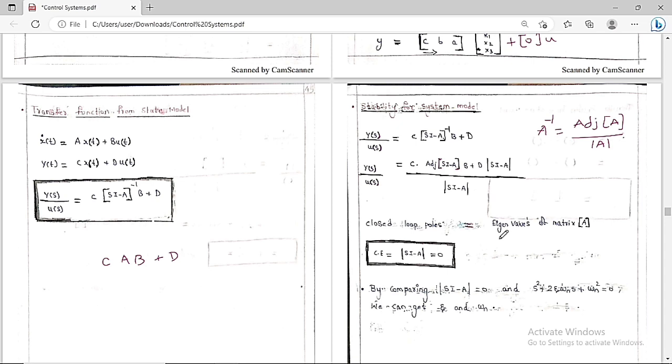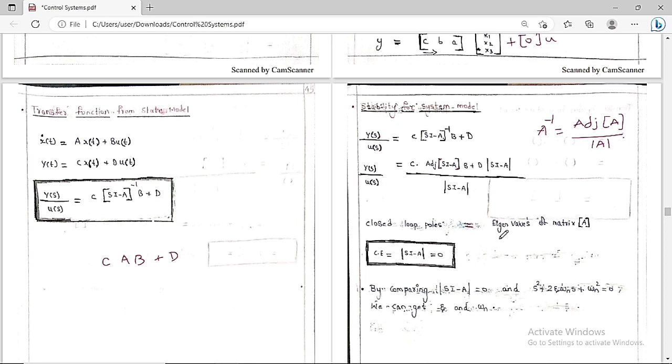So the characteristic equation is the determinant of sI minus A equal to 0. If we expand this, we get the characteristic equation, and the roots of the characteristic equation are basically the closed loop poles. Similarly, the eigenvalues of the matrix A come from the determinant of sI minus A equal to 0. Therefore, the closed loop poles are also called the eigenvalues of the matrix A.